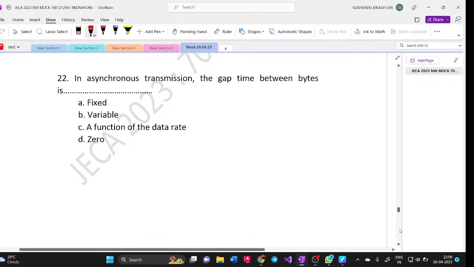22. Answer it. In asynchronous transmission, the gap time between bytes is what?